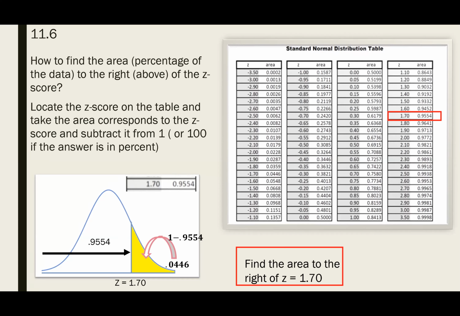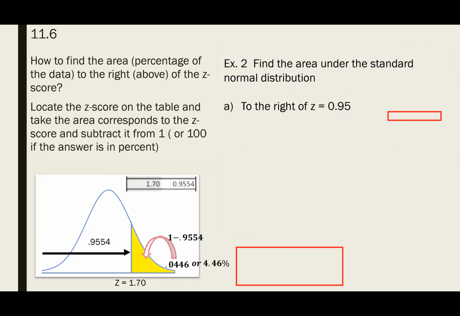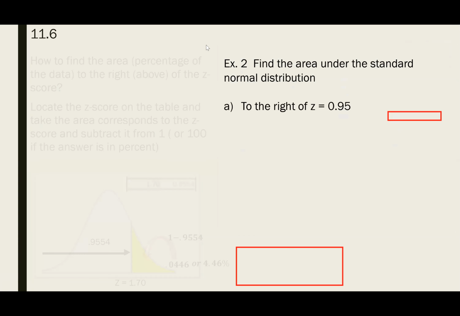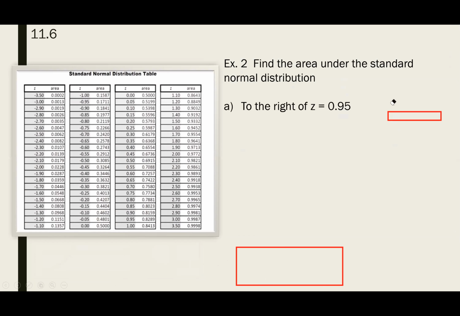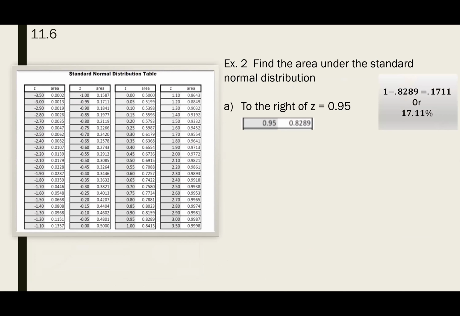Okay, and if they ask you for the area in between, let's try another one. If they ask you for the area to the right of this item here, how do you find it? Like I mentioned, the first thing you want to do is sketch. I did not sketch here. But again, area to the right, if you look at this thing here, z-score of 0.95 is right here.